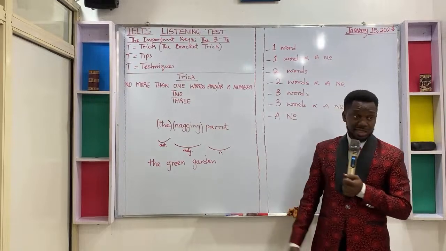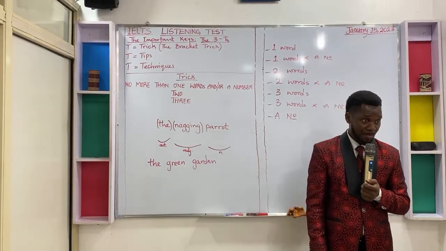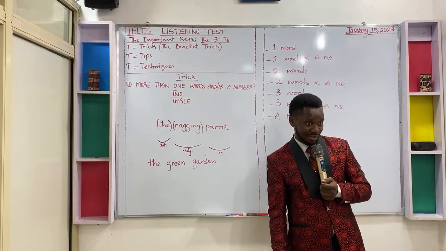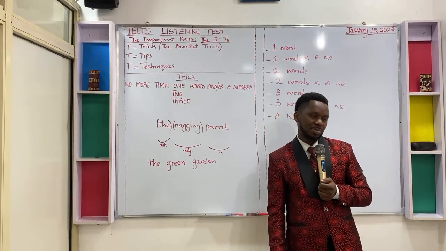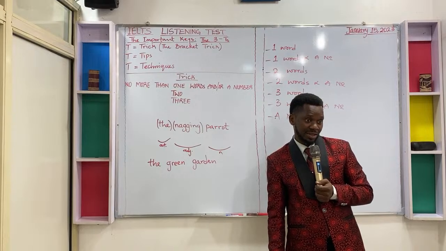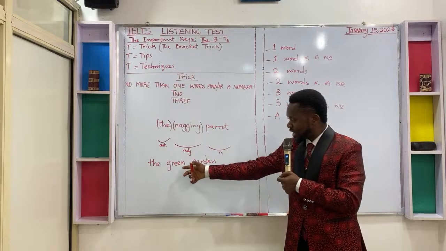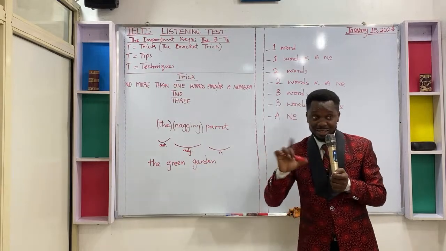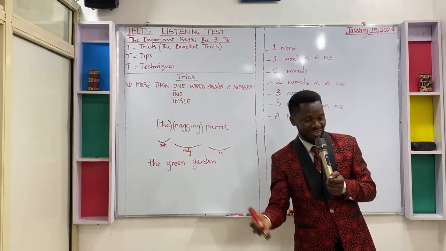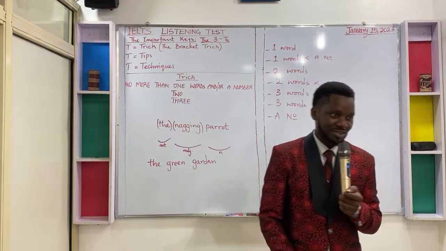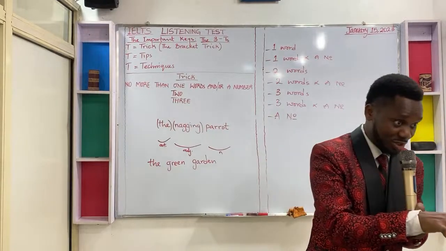So arguably it is a noun also, right? But in this context, it is not a noun, it's an adjective. It's describing the color of the garden. So even here, it's not playing the role of a noun. So it has to be an adjective. Do you understand? Has that answered your question?